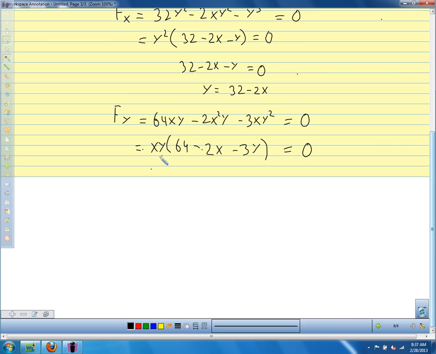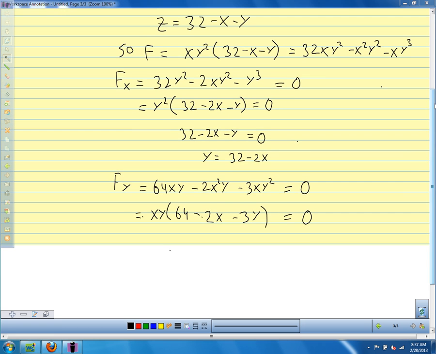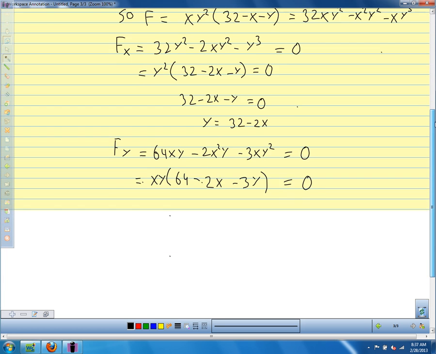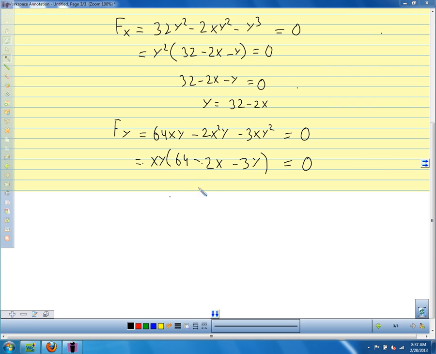And again, we're going to ignore x and y equals 0 because that's just going to give us a 0 for our function up here. So we have 64 minus 2x minus 3y equals 0.